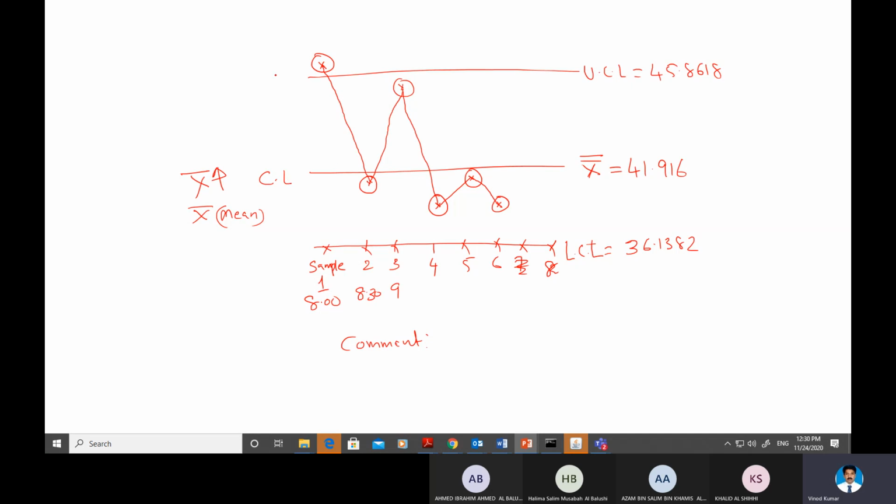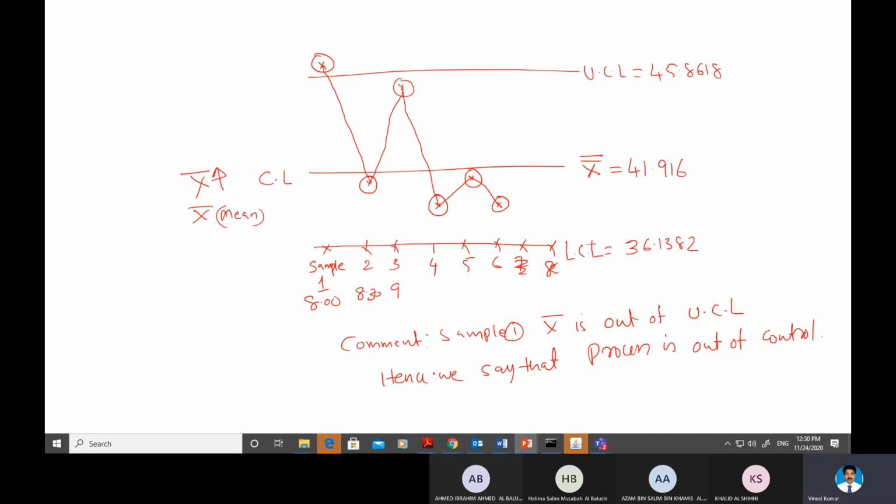Since sample 1 x bar mean is out of the upper control limit, hence we say that the process is out of control.